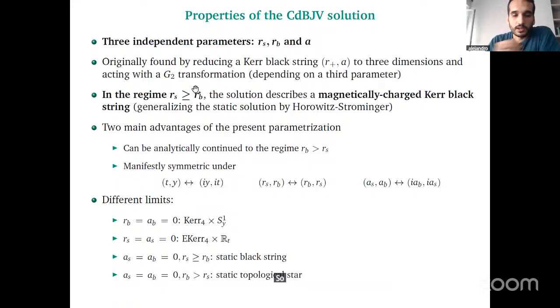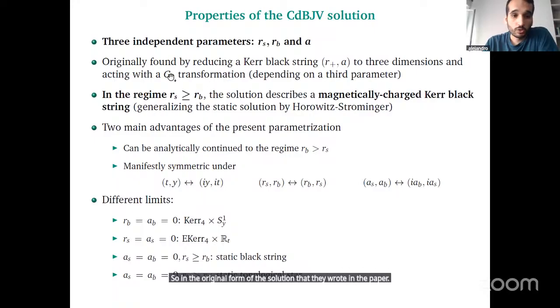So in the original form of the solution that they wrote in the paper, the solution only covers the regime R_S bigger or equal than R_B, in which they showed that it describes a magnetically charged Kerr black string, which is a rotating generalization of the one by Horowitz and Strominger.